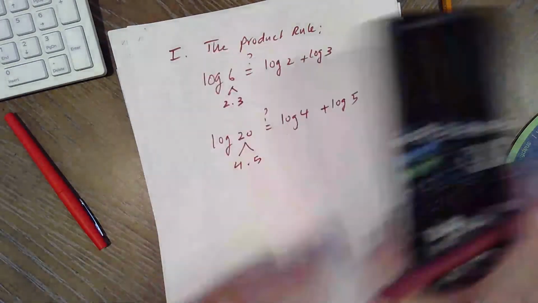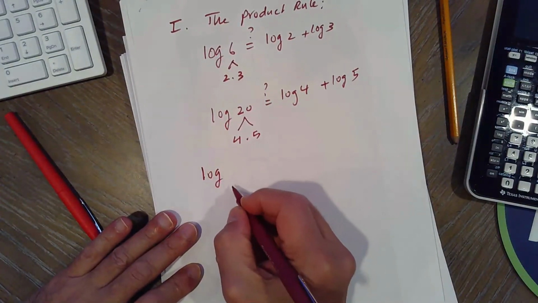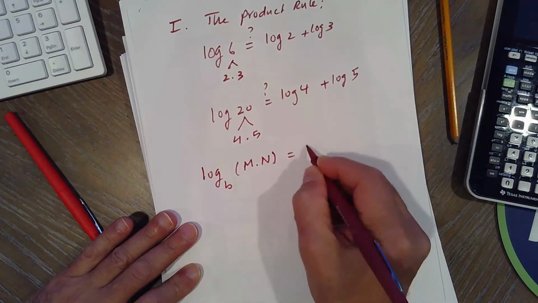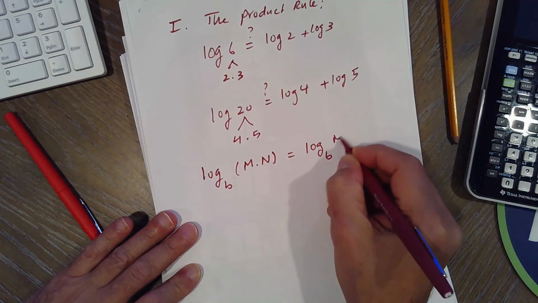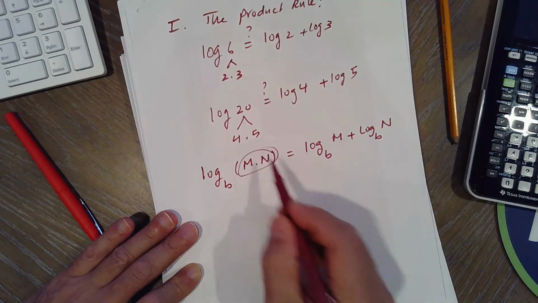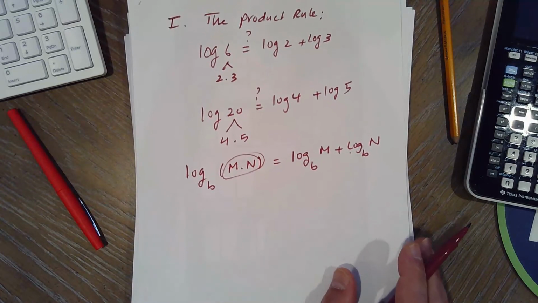So that makes us suspect that log base b of m times n equals log base b of m plus log base b of n. So if you have a product inside the log, we can split it into a sum, okay?